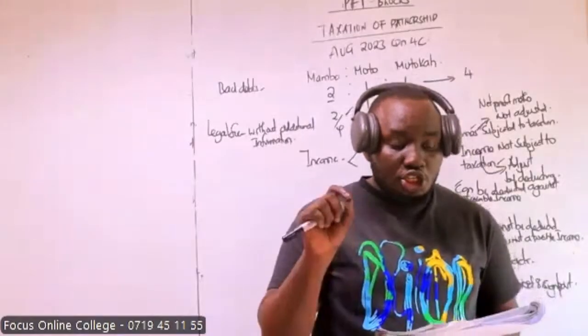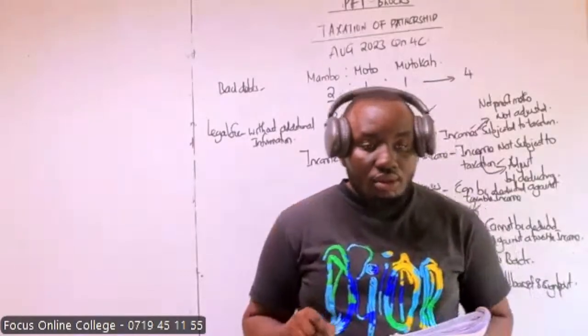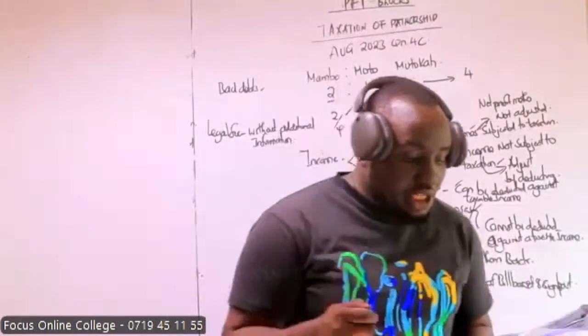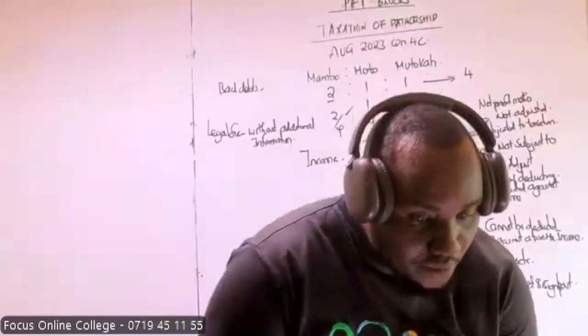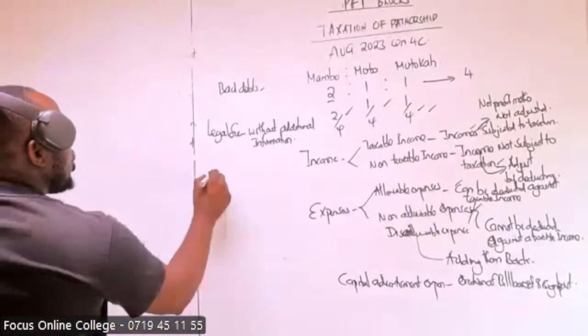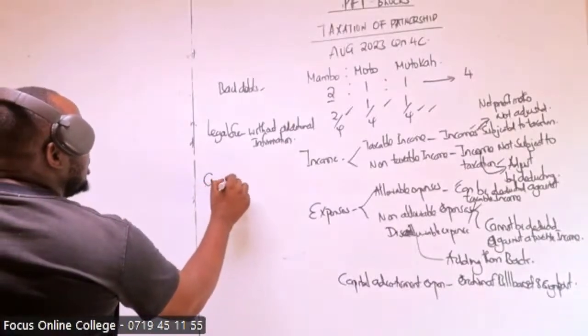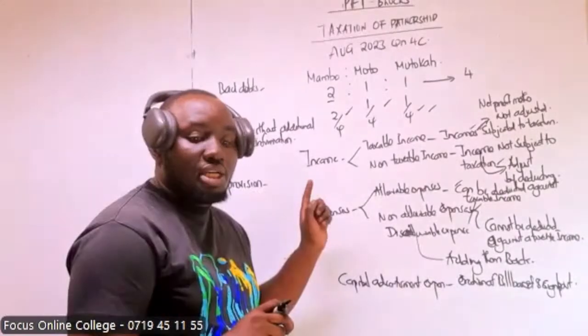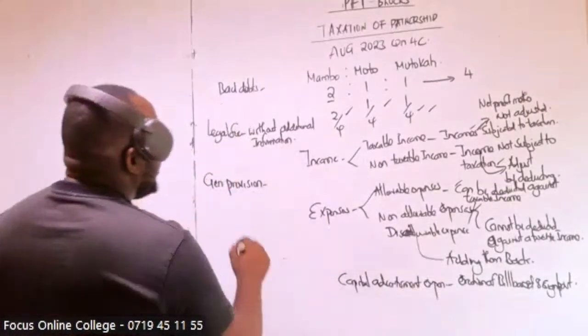We proceed to additional information number 3. The examiner tells us that bad debt represents a general provision.